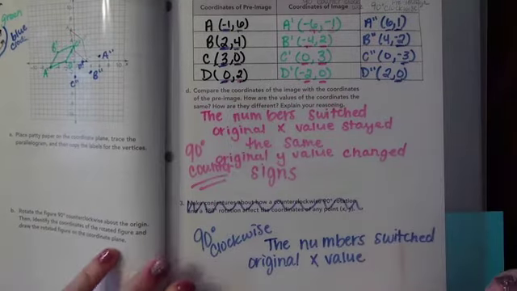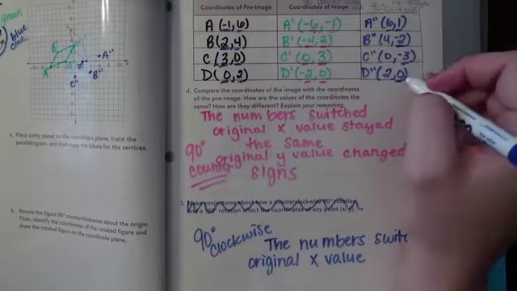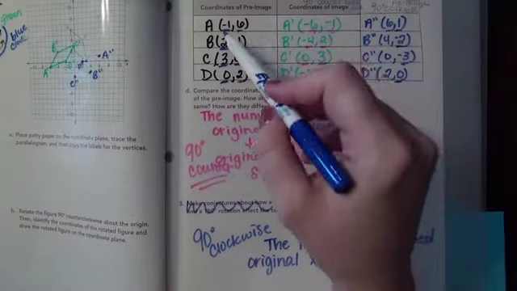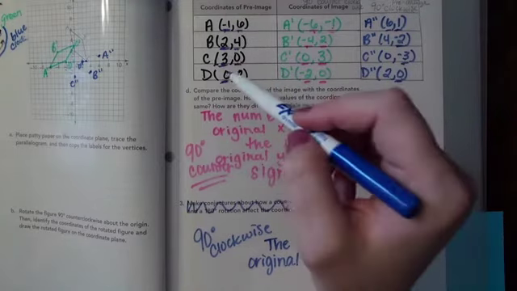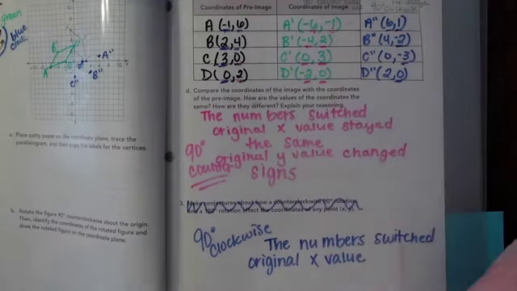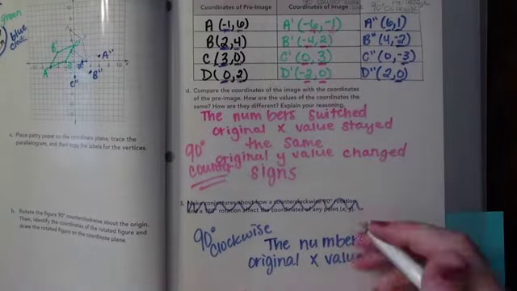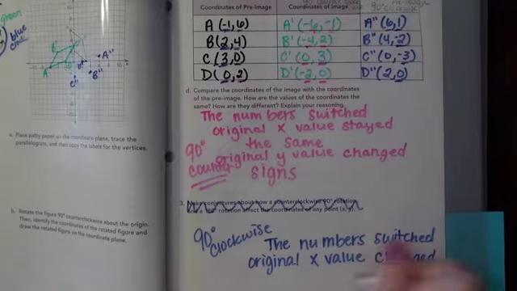Now remember, even if I said that it was changing signs, 0 doesn't have a sign, so it can't be -0. So negative became positive, positive became negative, positive became negative, and then 0 probably did the same thing that we're going to notice. So the original x changed signs.